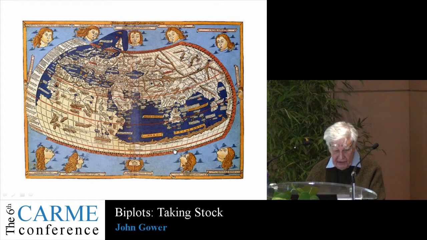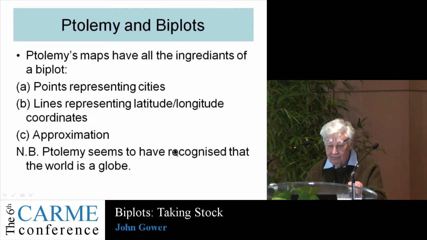I don't think I need really say more about it, but just to stress the fact that there was a coordinate system well known nearly 2,000 years ago. And this says all the things I've already said, and stresses at the bottom, and doesn't really concern us, that Ptolemy seems to have recognized that the world is a globe.